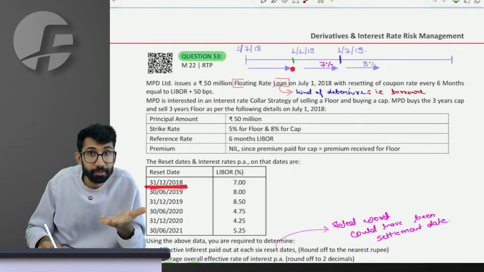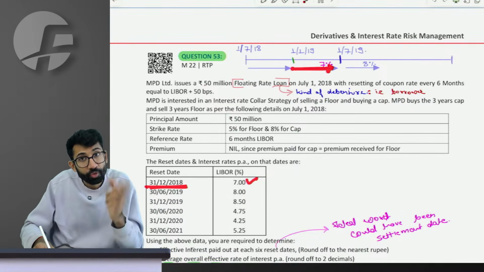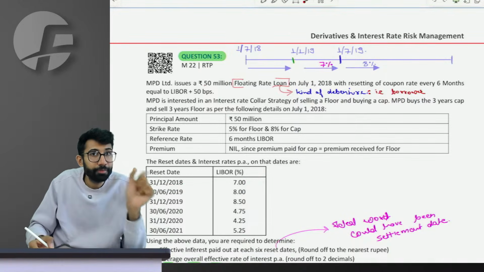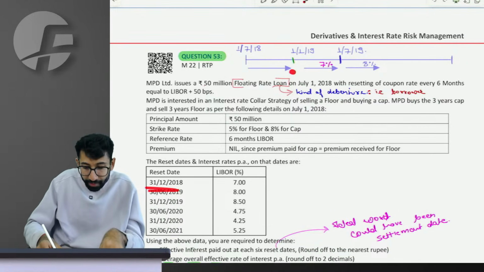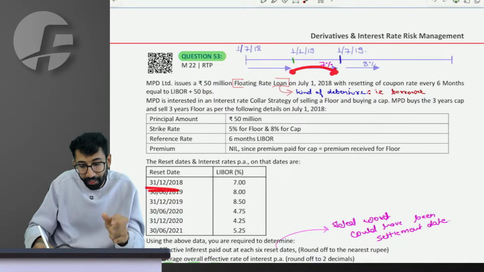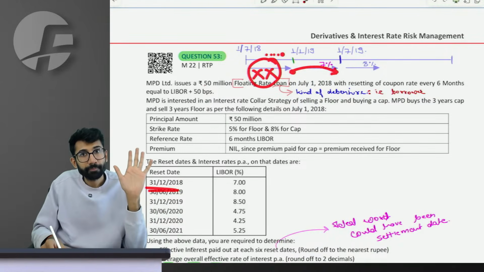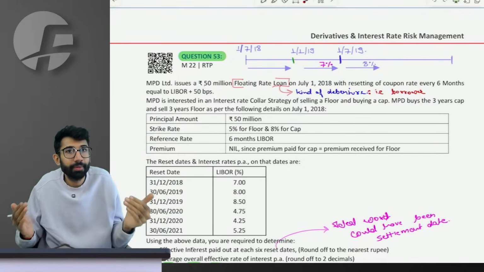As per logic, the 7% rate is applicable for the next 6 months, because the reset date is the start of the period. So when something gets decided on 31st December 18, it gets applicable till 30th June 19. This is the mess they have made, which means for the first period there is no information. Are you understanding? They tried to rectify the solution without applying their brain.